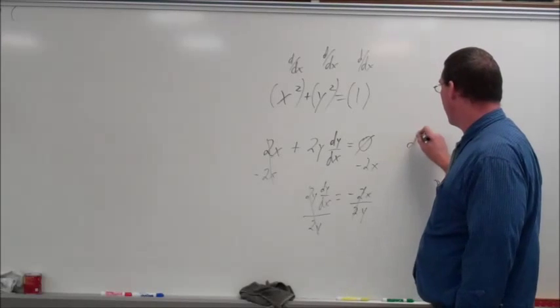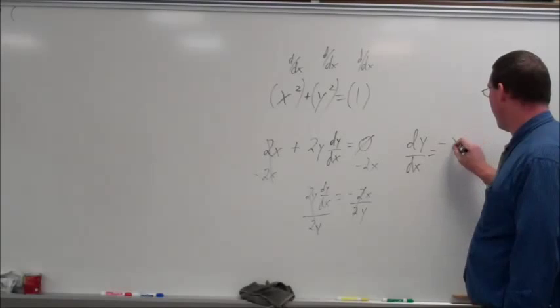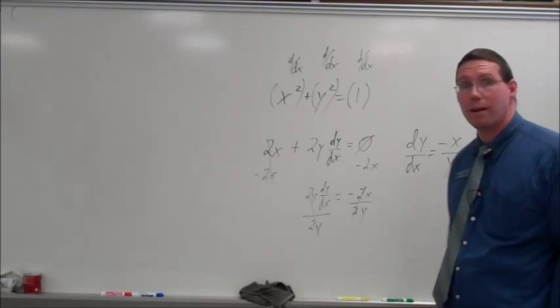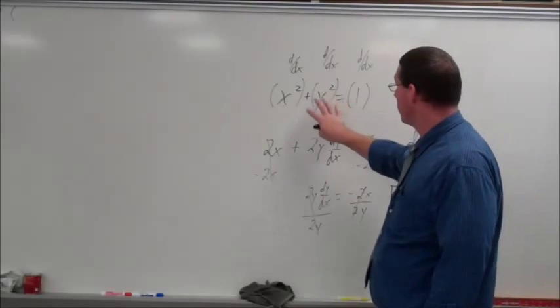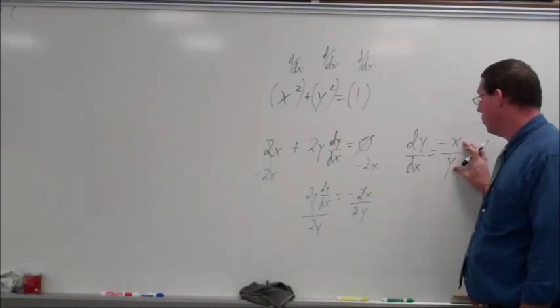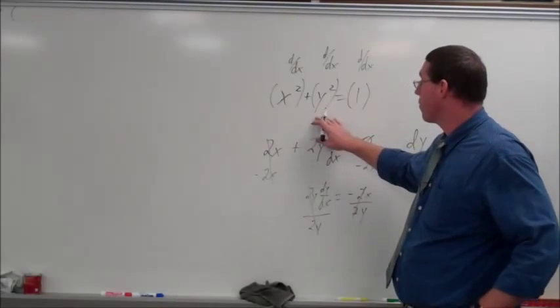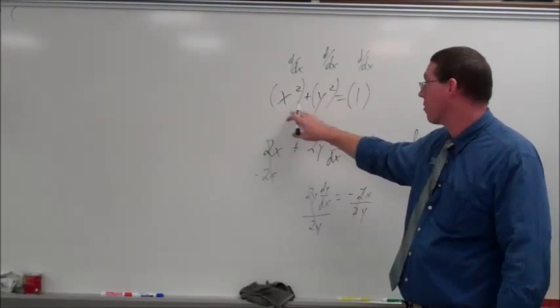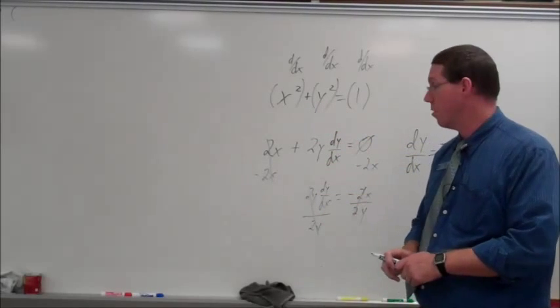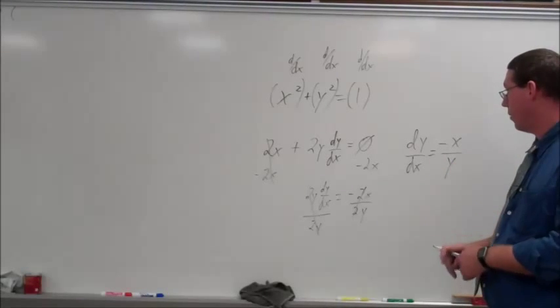All we have left is dy/dx equals negative x over y, which is the rate of change in this relation. We would need both an x and a y value to identify a slope, especially in this case because for almost every x, there are 2 y values, so we would need to pick which y value we wanted and put it in here.